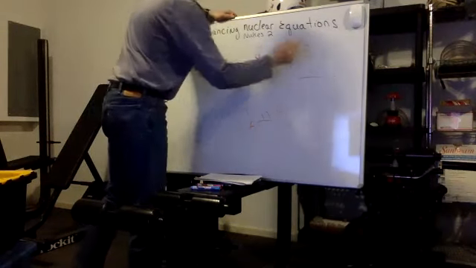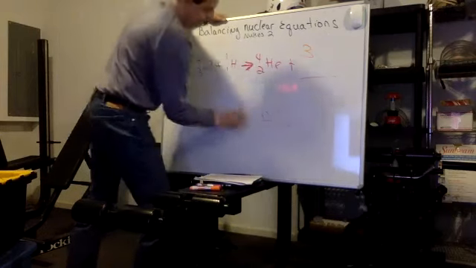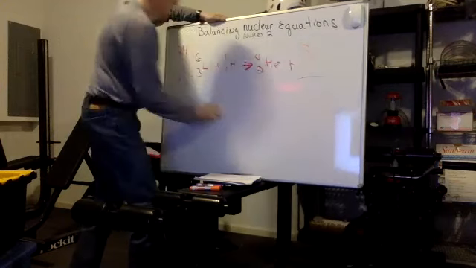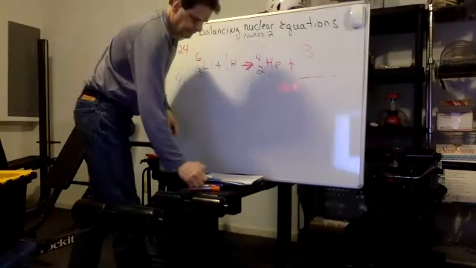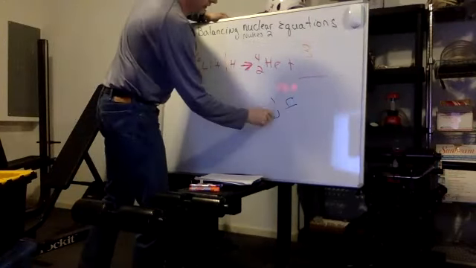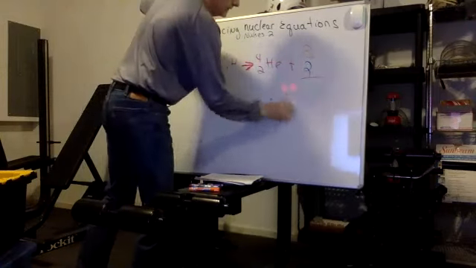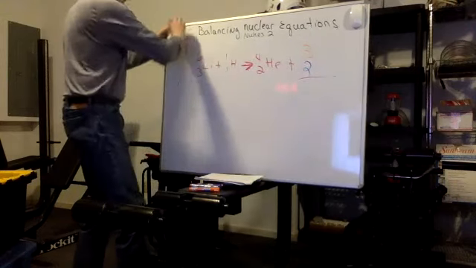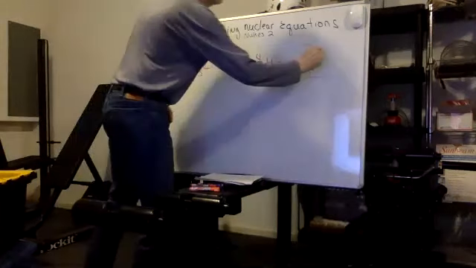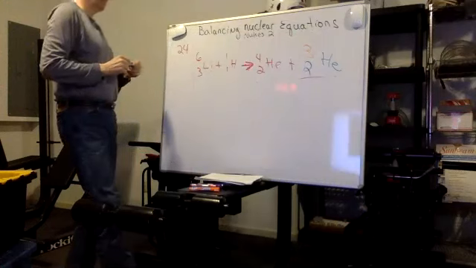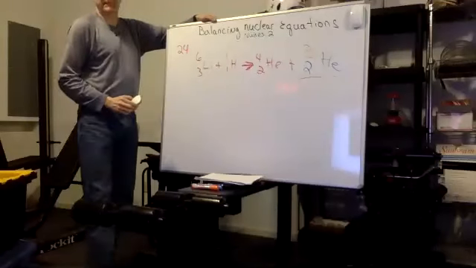I'm going to have 3 on top. That's going to take care of the top. And on the bottom, bring that 4 over. Take that 2 out. And that is going to be helium isotope. He there. And that is number 24.